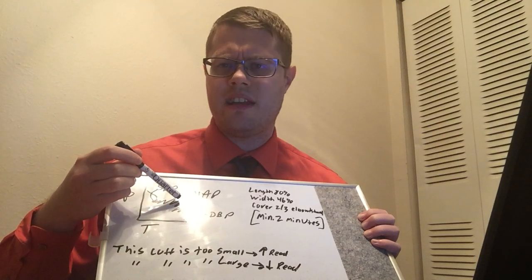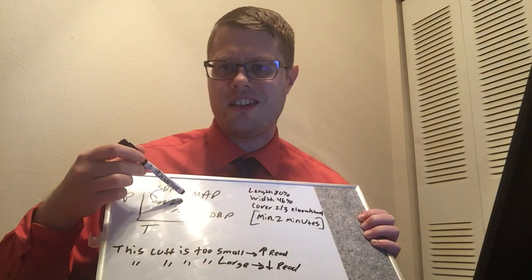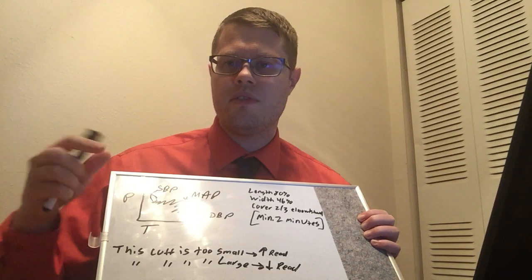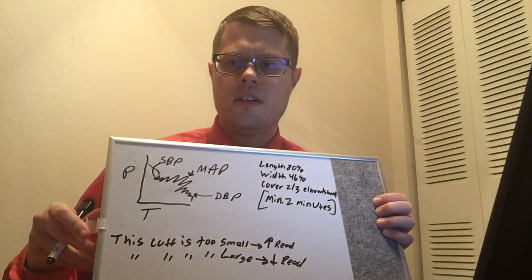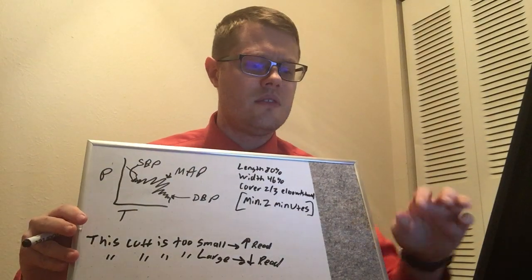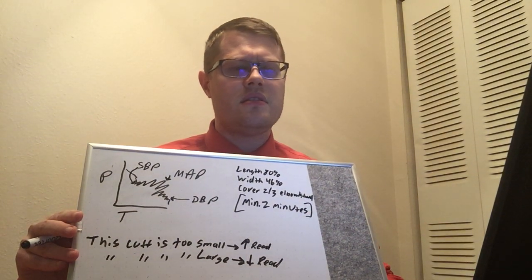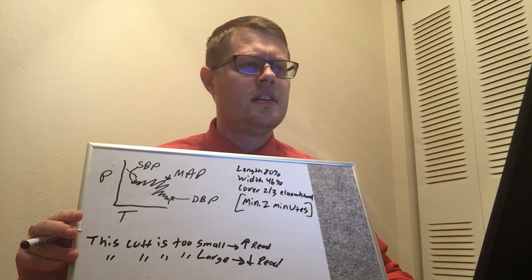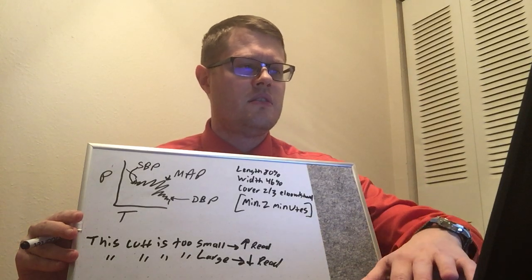Then the max amplitude of the oscillation is the mean arterial pressure. And the last little faint one before it laminars out is the diastolic blood pressure. Generally speaking, the cuff is inflated above the systolic, and as it deflates, the pulsations are being measured.